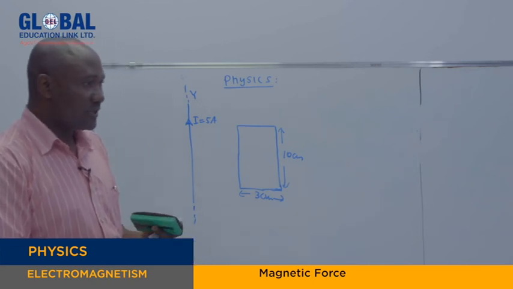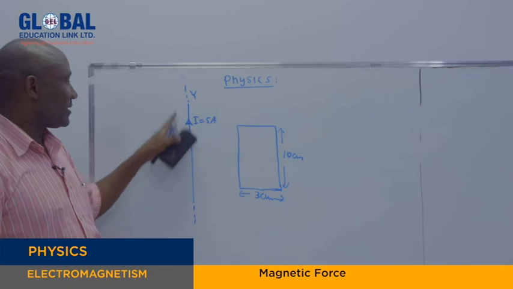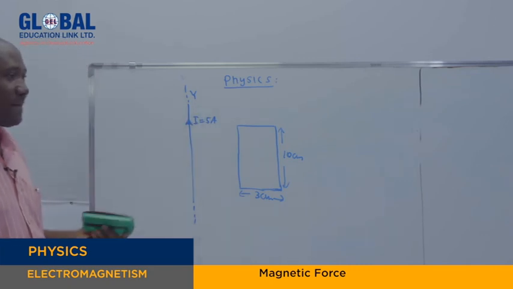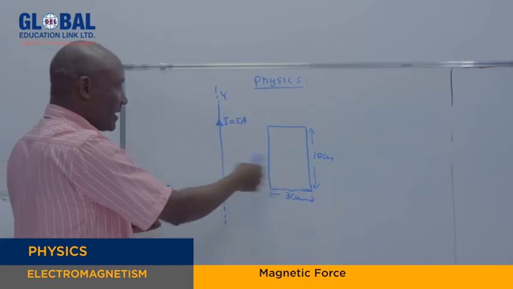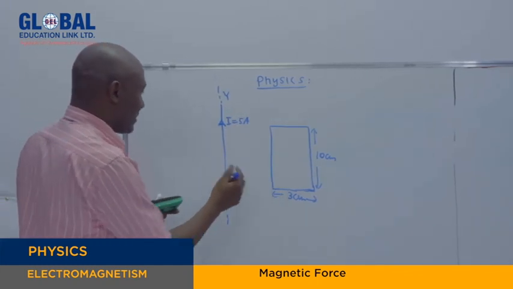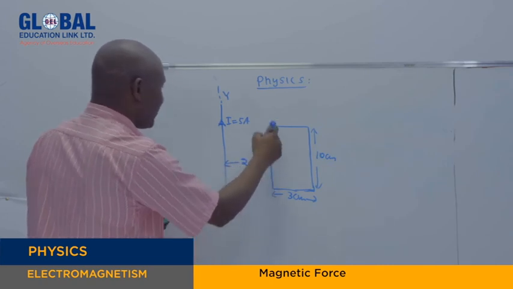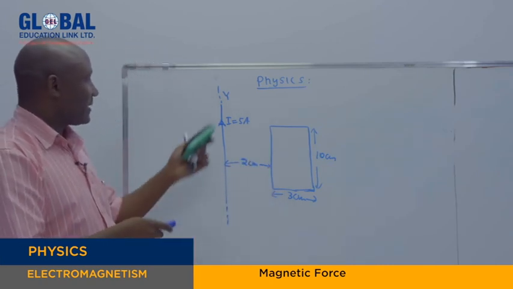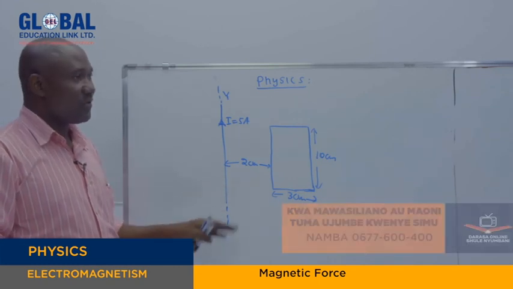But you are told the long arm here is parallel to Y, and the distance between the two parallel wires is given as 2 centimeter. Very important. The 2 centimeter is the distance between the long arm and Y, which is now a straight long conductor.